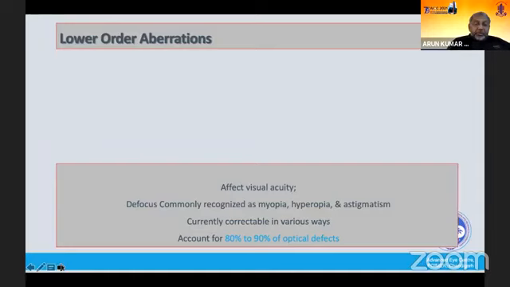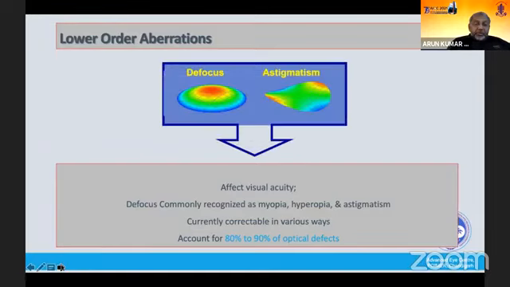As we all know, mostly the lens grossly corrects the lower order aberrations in the form of defocus or astigmatism, and these two lower order aberrations are responsible for 80 to 90% of the optical defects which we are trying to correct by doing IOL surgery or any other type of refractive surgery.